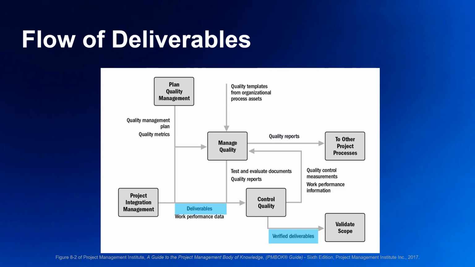First, we need to understand the flow of deliverables. Figure 8-2 shows this at a high level. We have, as you can see here, deliverables as an input to control quality, and they then become verified deliverables as an output. But if we adjust the view a bit, we can more closely see what is going on.